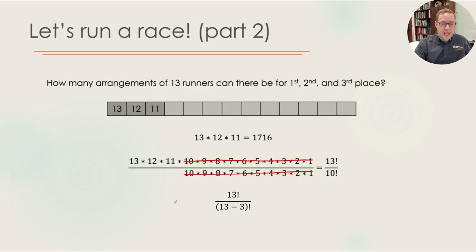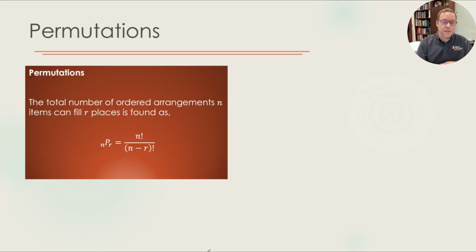This would be written as 13 permutation 3. So we're doing a permutation of 13 people, selecting just 3. And that's going to be 13 factorial divided by 13 minus 3 factorial.